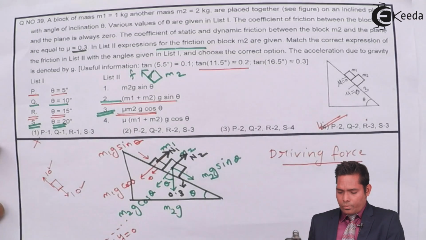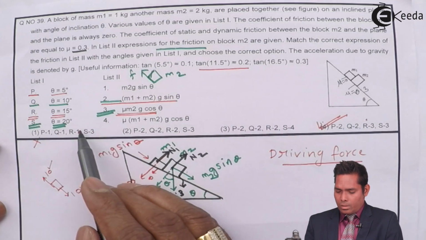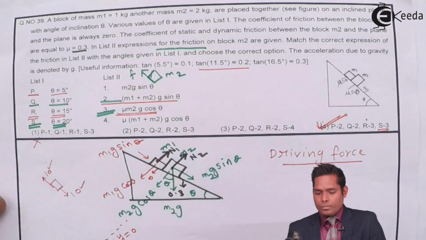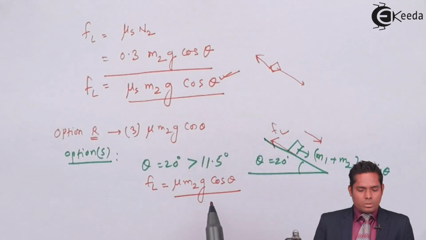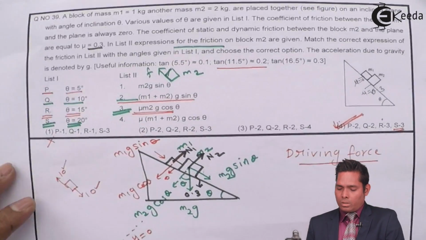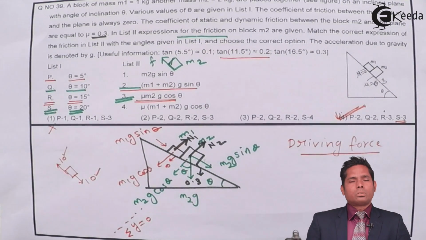So S is 3, S is 3 is this one, so this is the correct answer. So therefore option number 4 is the correct option for this question.